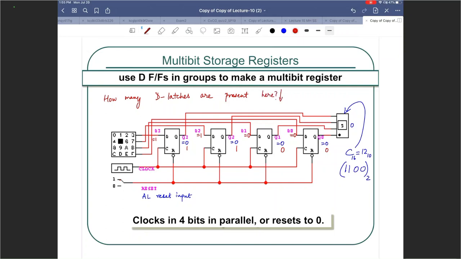How many D latches should I use here? In the diagram below, how many D latches? I'm going to assume that each is a positive edge triggered D flip flop. So given that each one of them is a positive edge triggered D flip flop, how many D latches are present here?